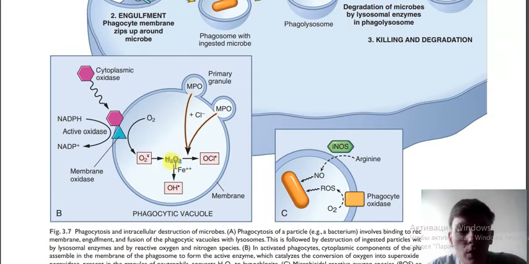And H2O2, under the influence of iron, produces OH radical, and under the influence of chlorine anion, might produce hypochloric radical. But both of them are very dangerous for the cell membranes of the bacteria.